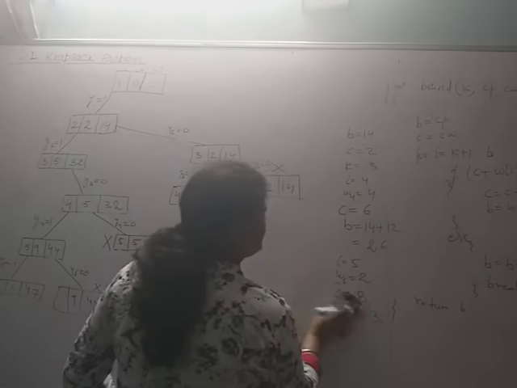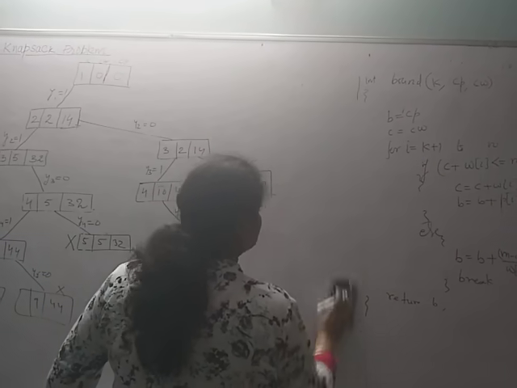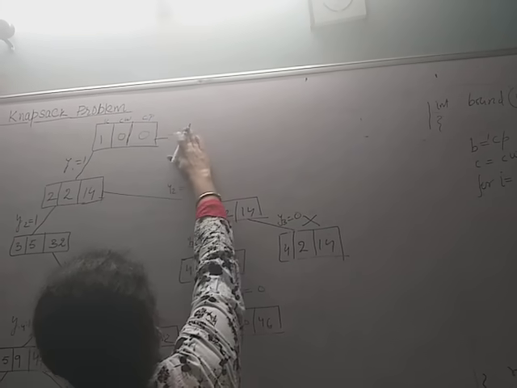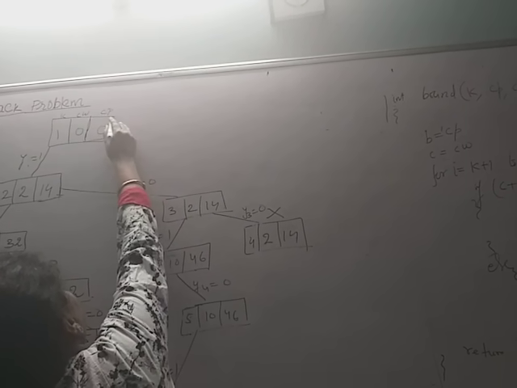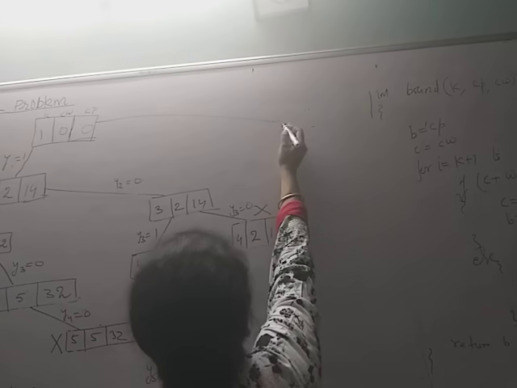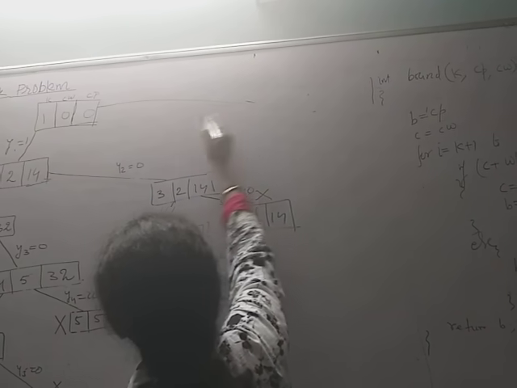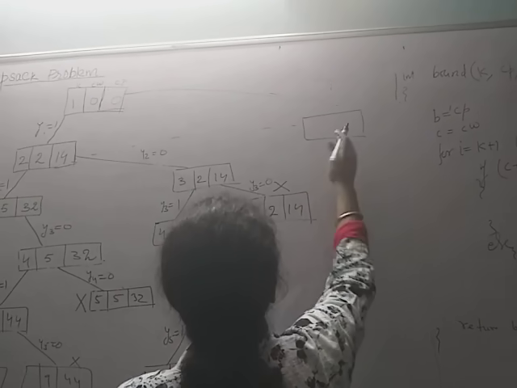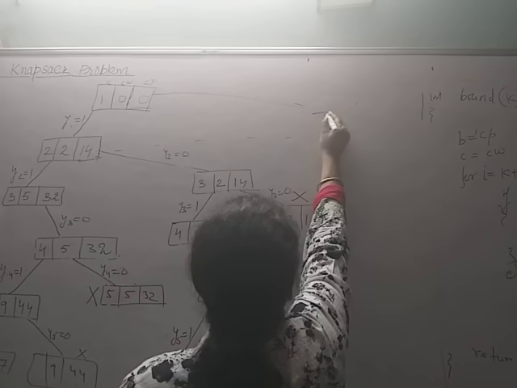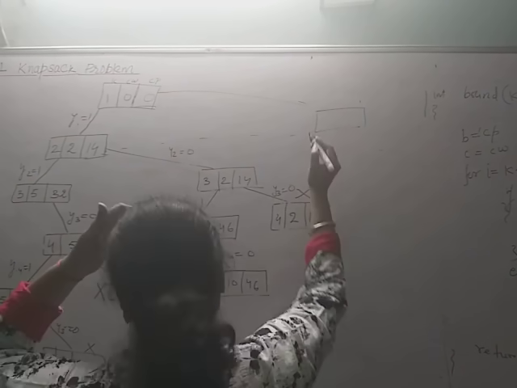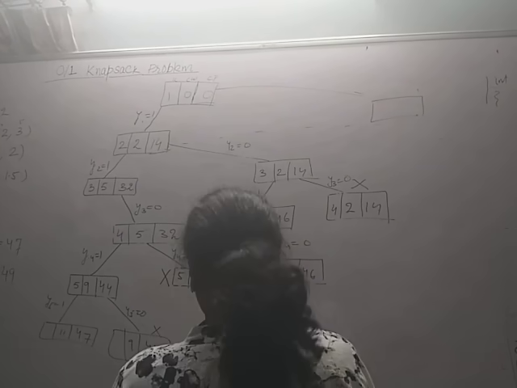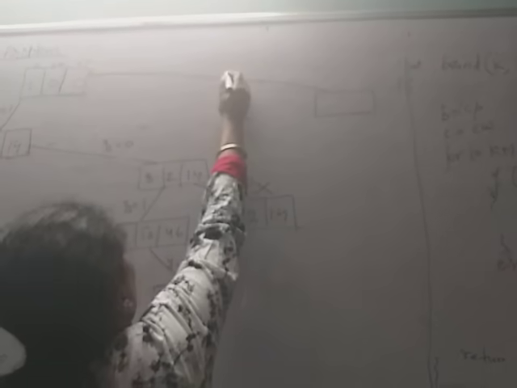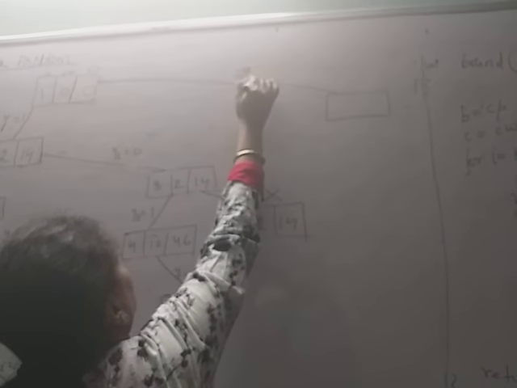So again, if the first weight is excluded, so here see this x y1 equal to 0.